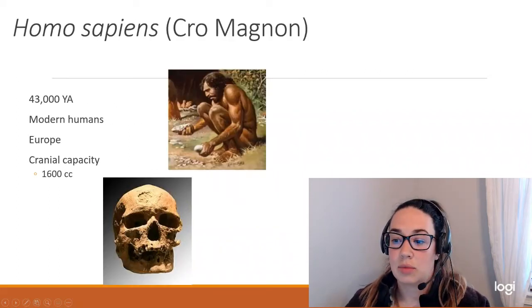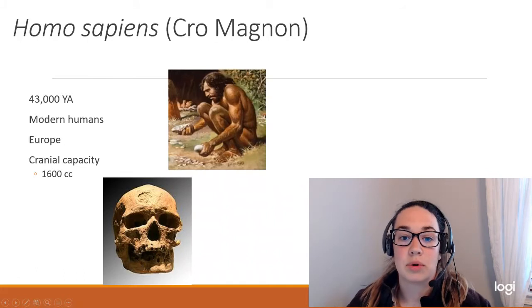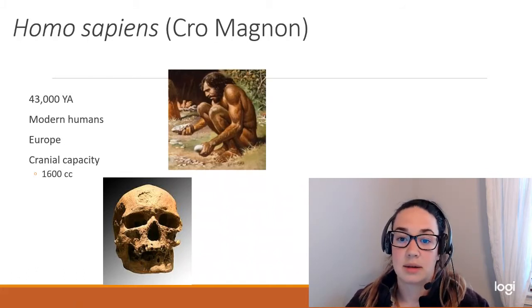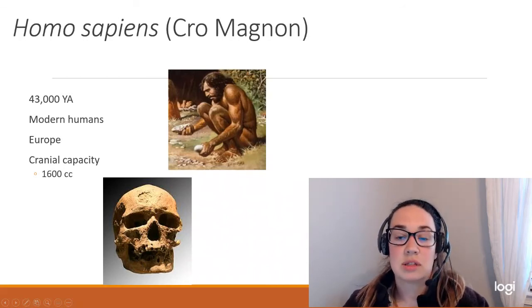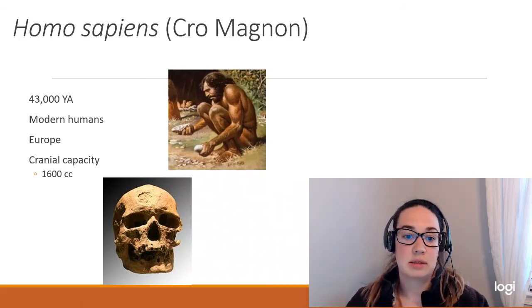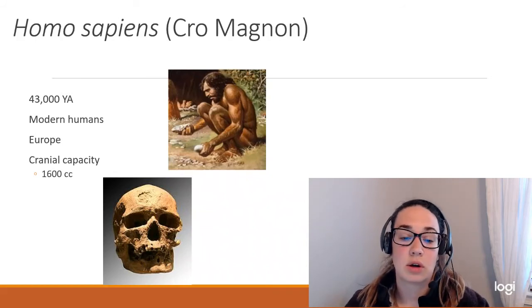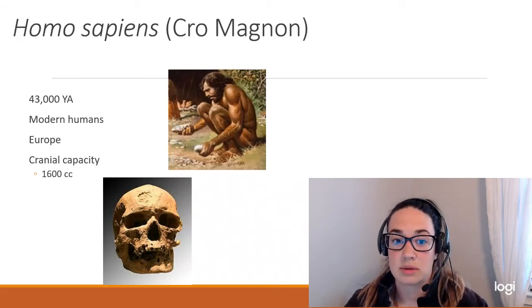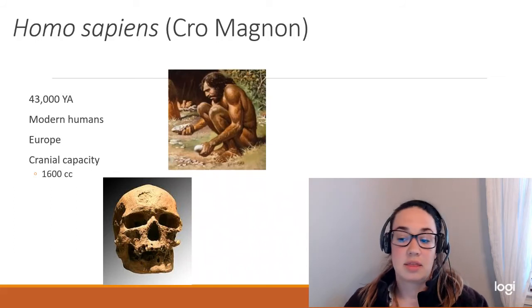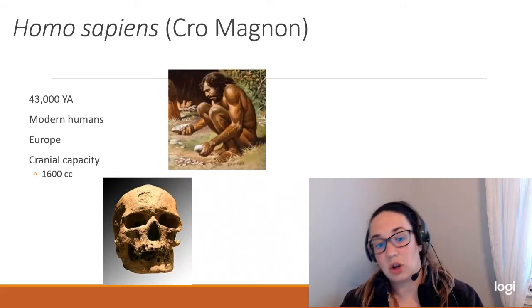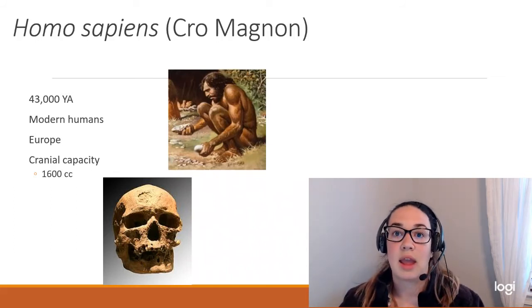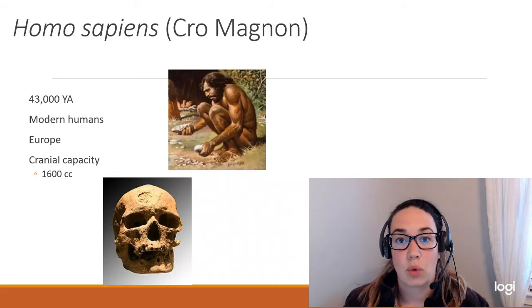Okay, so now we're moving right along to Homo sapiens, or Cro-Magnon. So these particular individuals are our modern humans. So obviously our genus and species are Homo and sapiens, and this occurred approximately 43,000 years ago. And these Homo sapiens were in Europe primarily, but they were known to travel quite a bit.